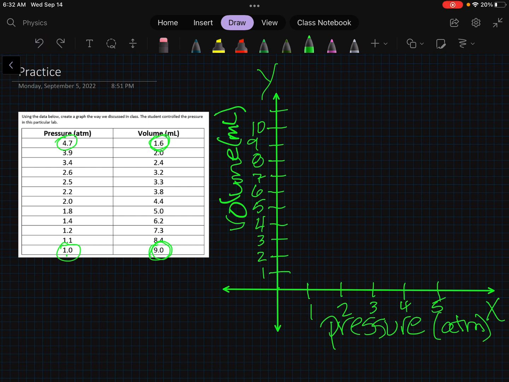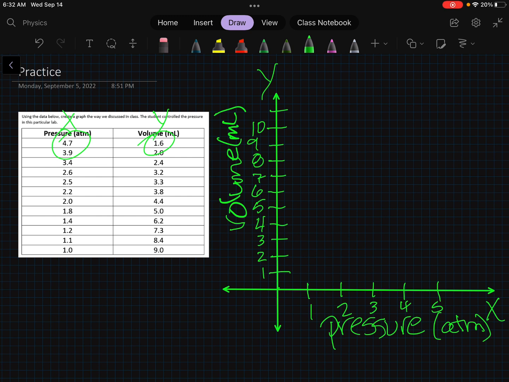Okay, now we can start, whoops, I'm trying to erase. We can start putting our data points in. So we're using the numbers in the table, 4.7 and 1.6. That's going to be our first point. Since pressure is our X and volume is our Y, that's where we get our points.